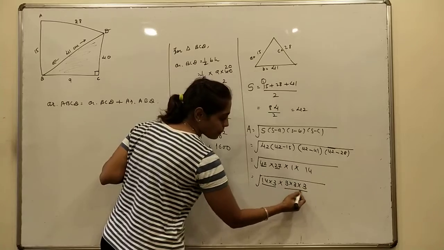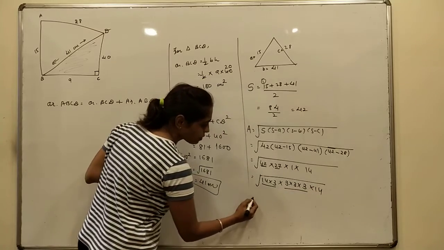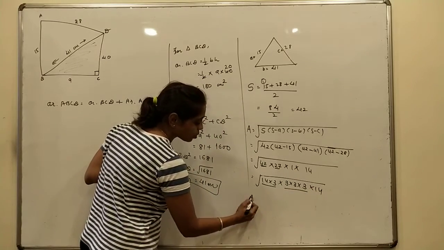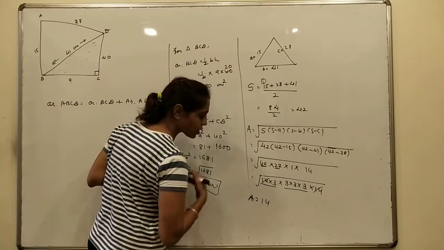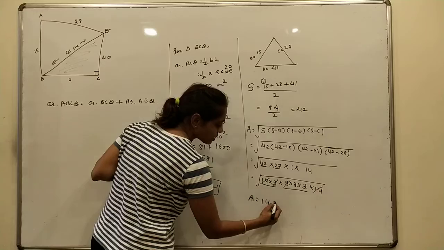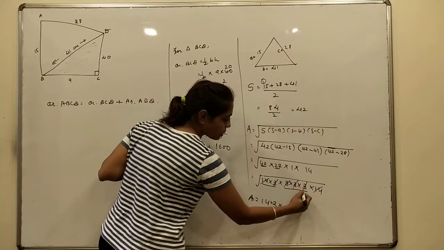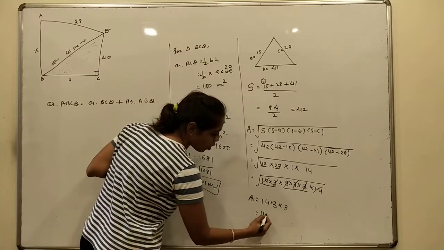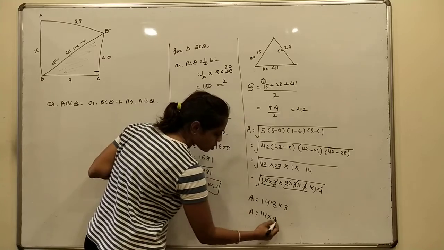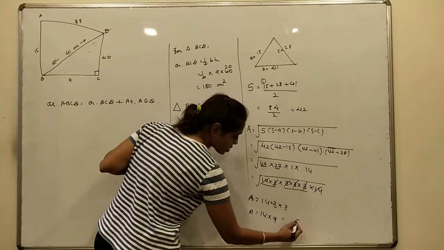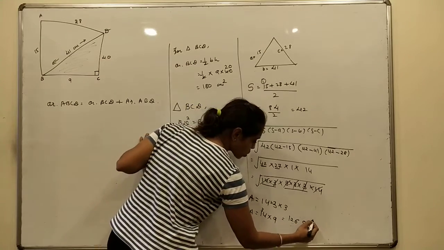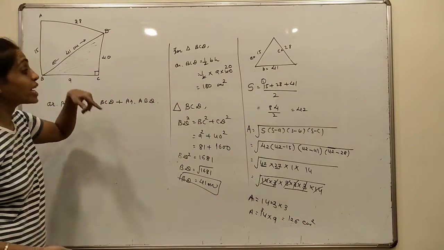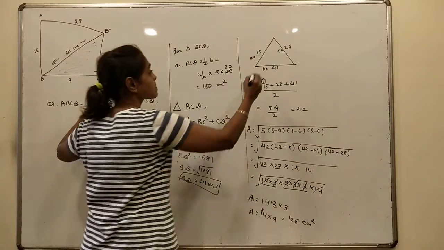So the area equals 2 times 14, out of the root 3 times 3 is 3 and 3 times 3 is 3, that is 14 nines are 126 centimeter square. Area of ABD.